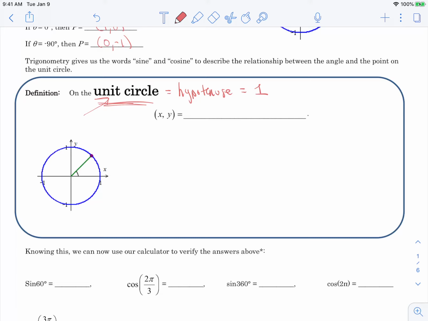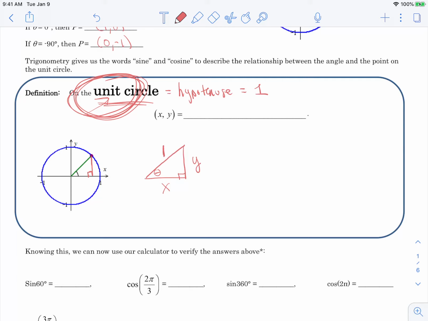So if I know this, here's my right triangle, very similar to how we created the unit circle in previous videos. I'm going to bring this right triangle out so it's bigger and easier to play with. I have no idea what this theta is. It does not matter. I do know that this is x and this is y. And I do know, since I'm on the unit circle, key thing, my hypotenuse has to be 1.